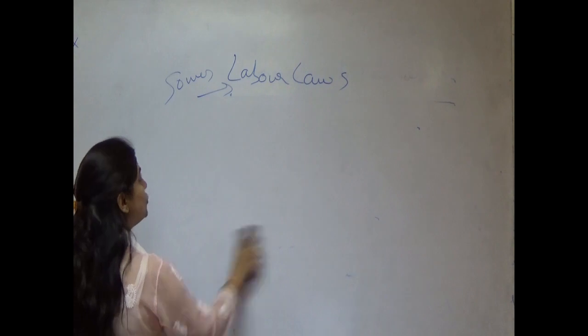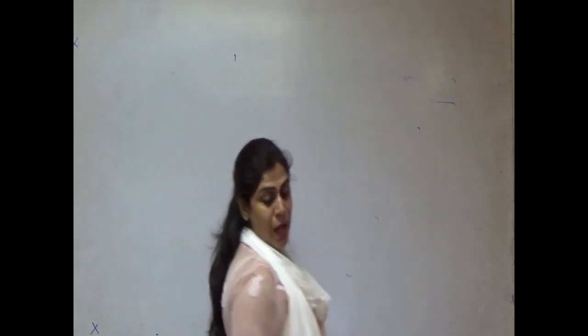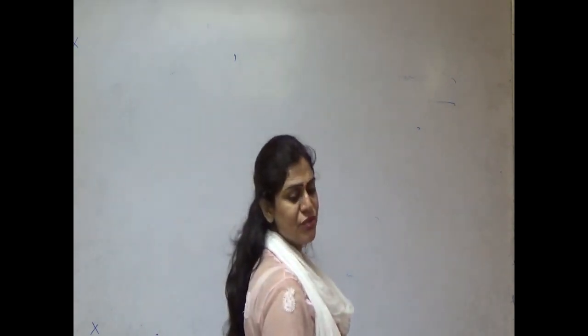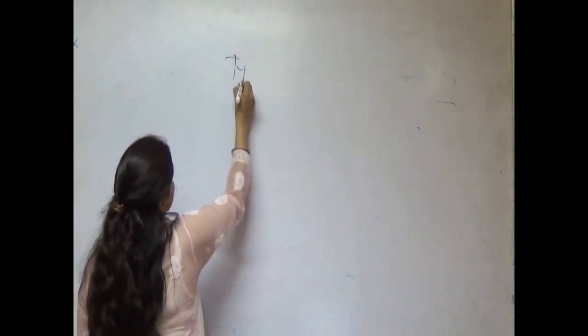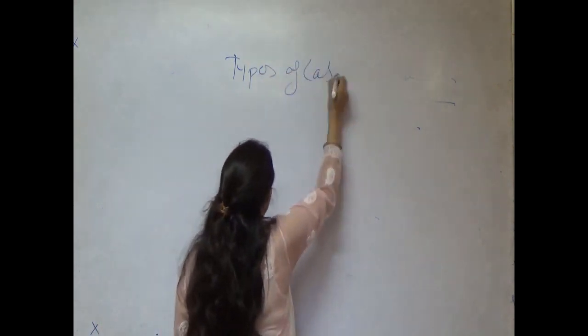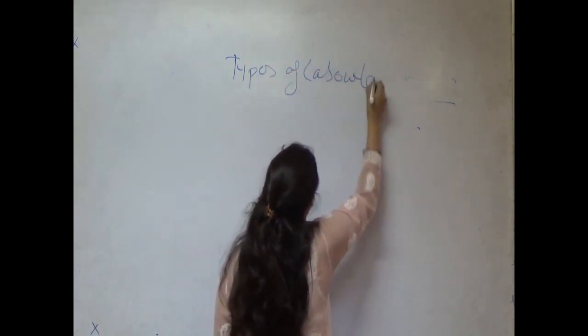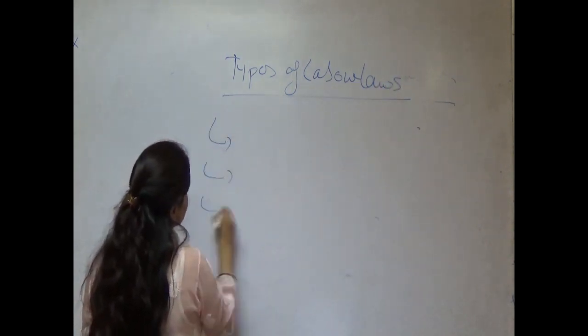One very important topic from the point of view of the exam: what is the classification of labor laws? How many types of labor legislations or employment laws were there? Broadly, they are divided into four categories.